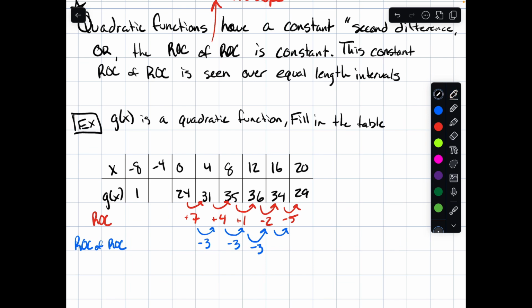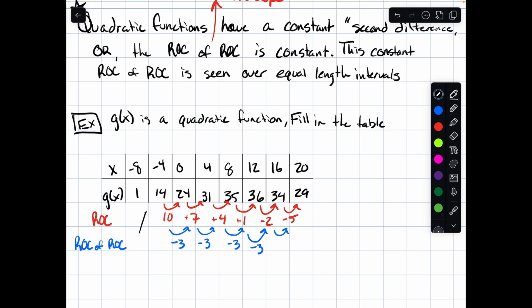Now, going backwards is slightly trickier. I know to go from here to here, I'm going to subtract 3. So when I go backwards, I technically have to add that 3 back. How do I get from something minus 3 equals 7? Well, that would be 10 to get from here to here. So I need to subtract 10, essentially, so I'm going to get 14.